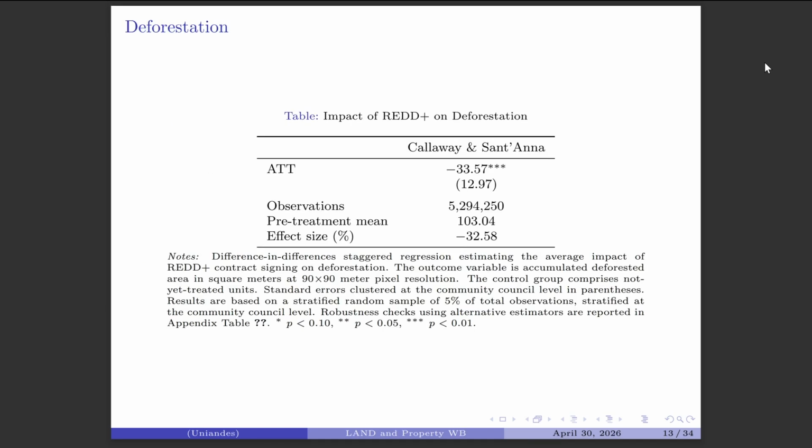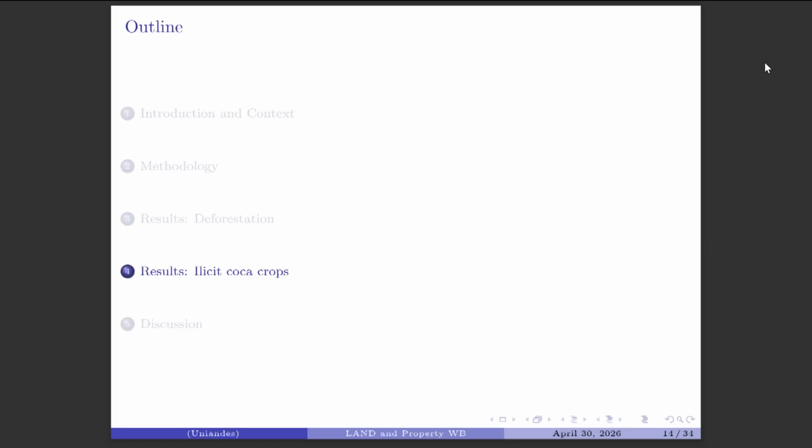So these are our results. On average, we have a decline of 33 square meters per pixel. So the effect size is a 32% reduction in deforestation.